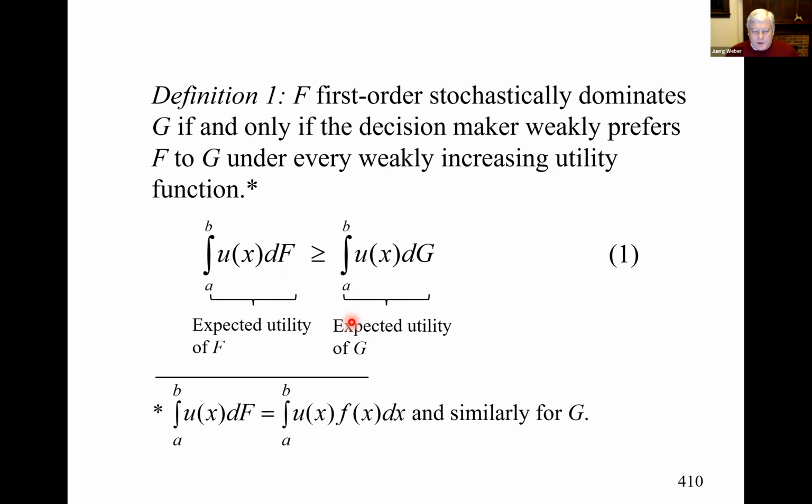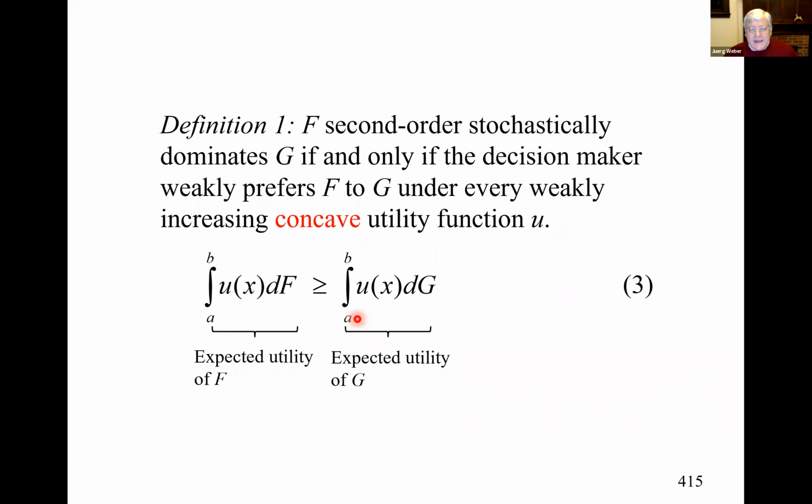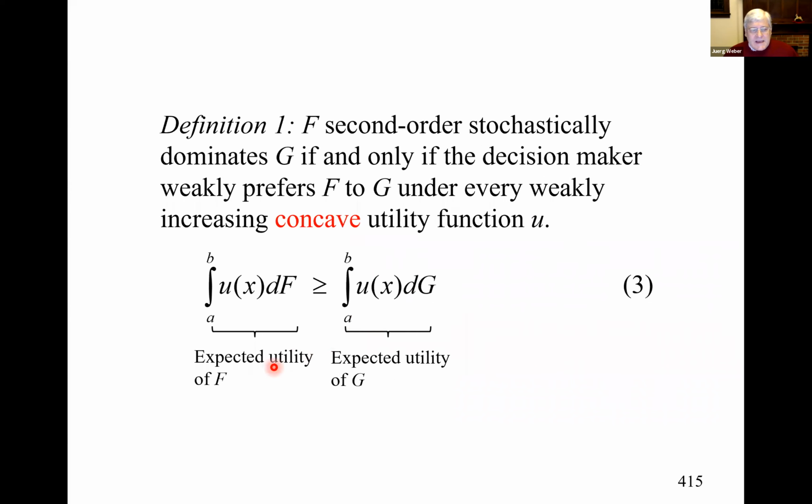Now with second order, again I assume that the utility function is upward sloping, and on top of it, I assume that it is concave, that we have risk aversion. Then we have second order stochastic dominance if the expected utility is bigger under this type of utility function.